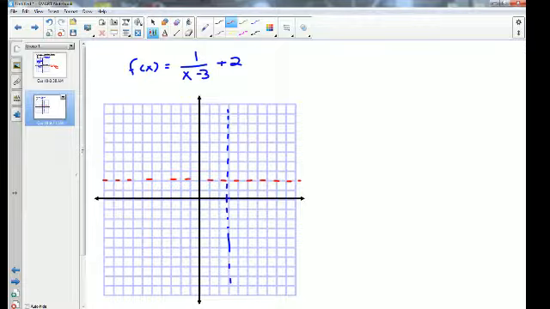These are really easy because they give you your horizontal and vertical asymptotes. Just follow the lines. What's our horizontal asymptote? y equals 2. Notice that that matches.